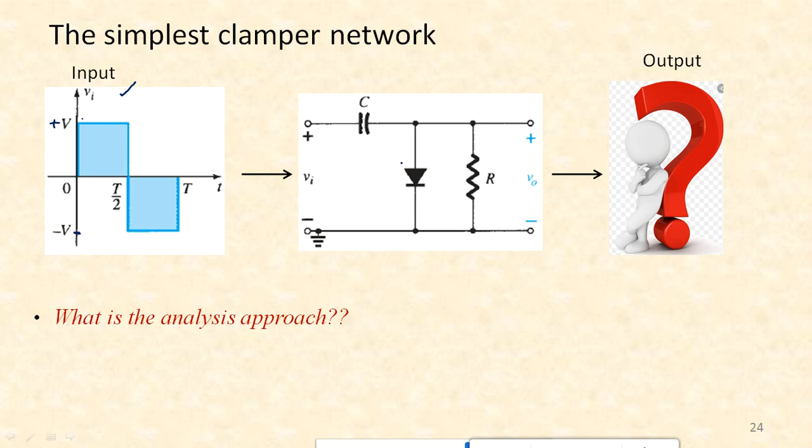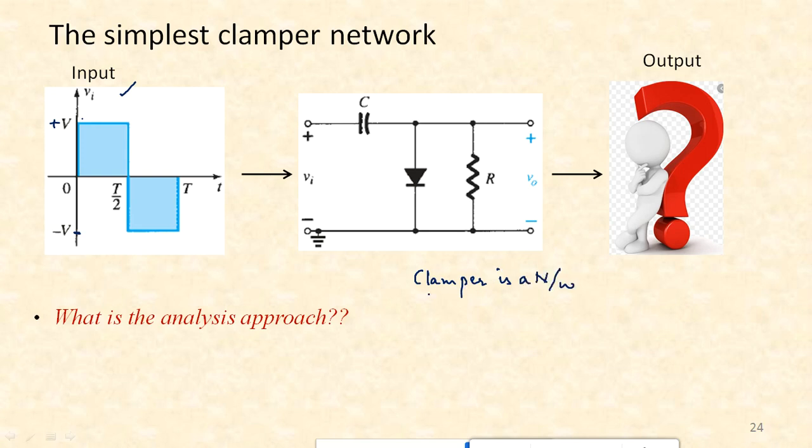As the previous slide mentioned, let me write down the components here so that it will be easier to understand. First of all, a clamper is a network.